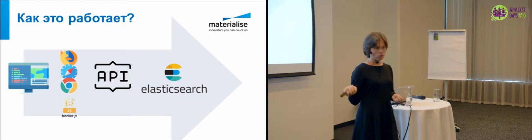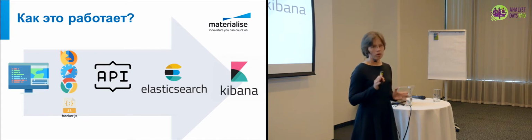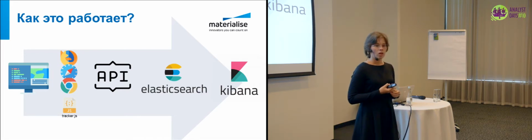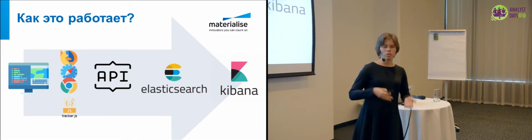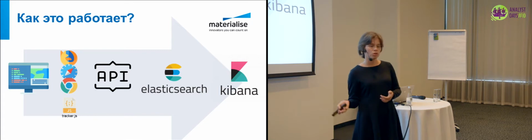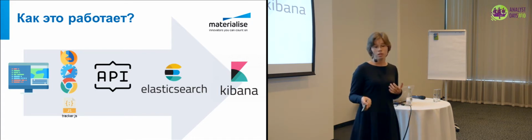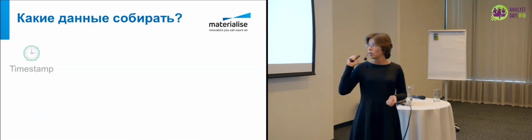And then analysts and project and product managers, using Kibana, can access this data. Kibana is not the only way to access this data. You can always upload it to Excel and compare it with data from other sources, or make a more complex frequency analysis. So we're not limited here.